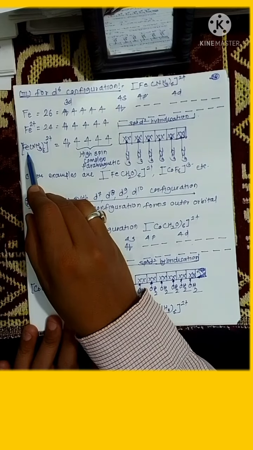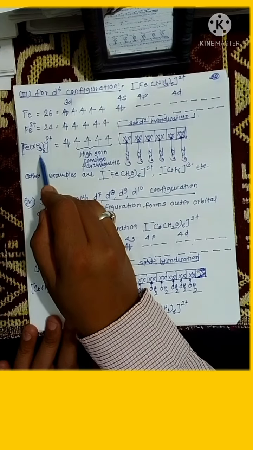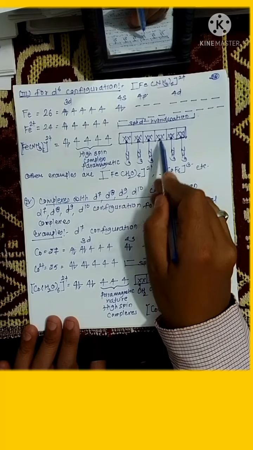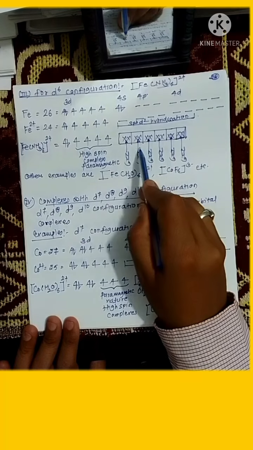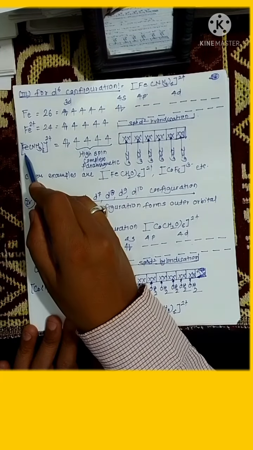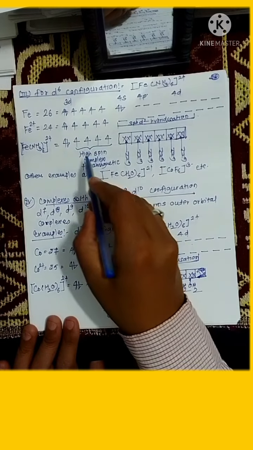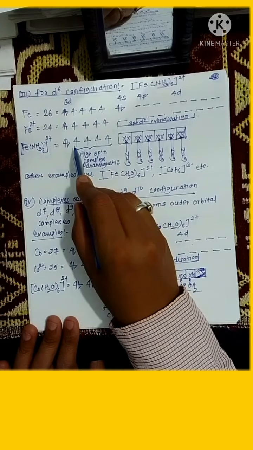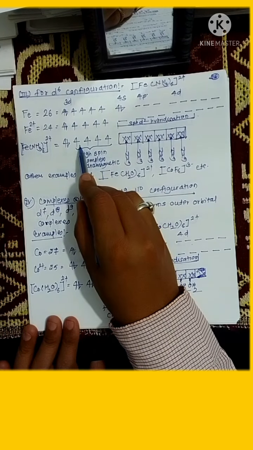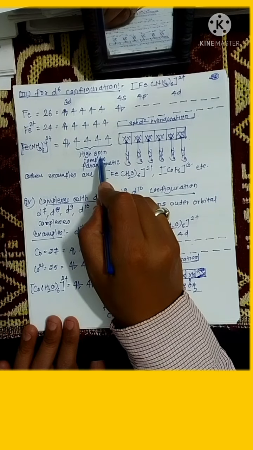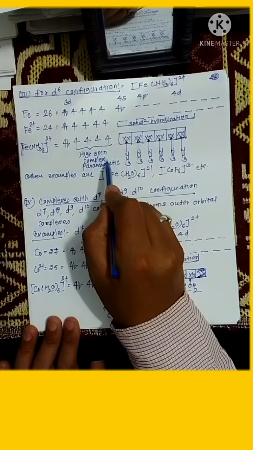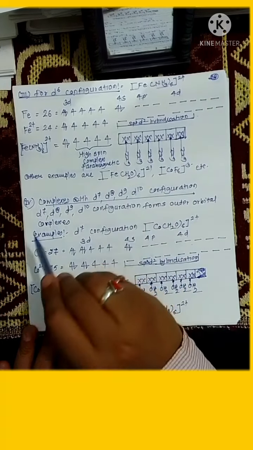So in this complex, 6 ammonia ligands donate their electron pairs to 6 hybrid orbitals and form 6 coordinate bonds with iron. In the electronic configuration, we clearly see that there are 4 unpaired electrons present. So it is a high spin complex, and it is also paramagnetic in nature.